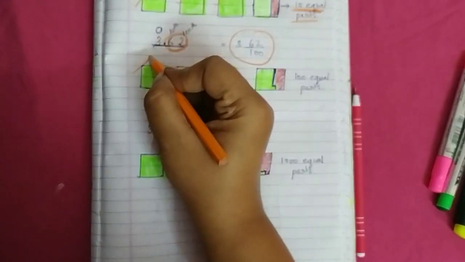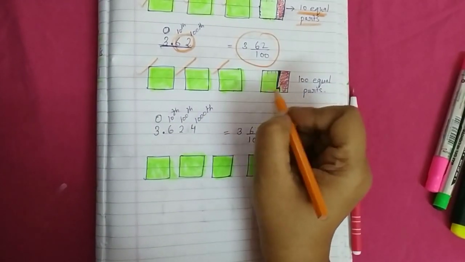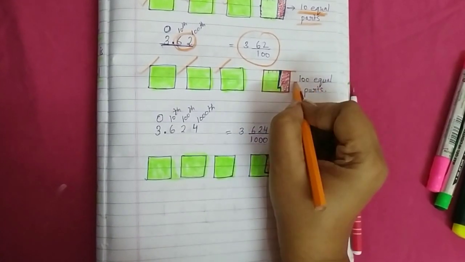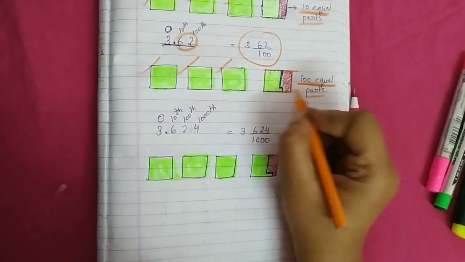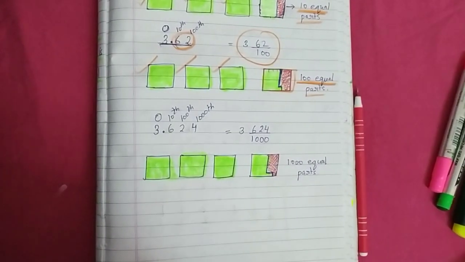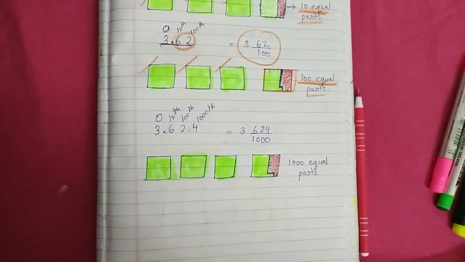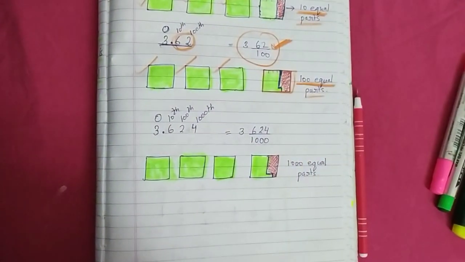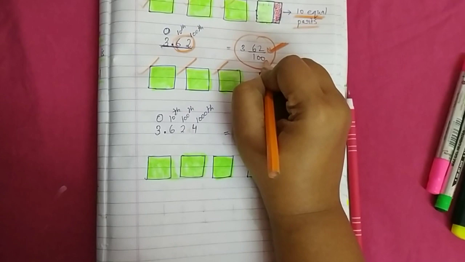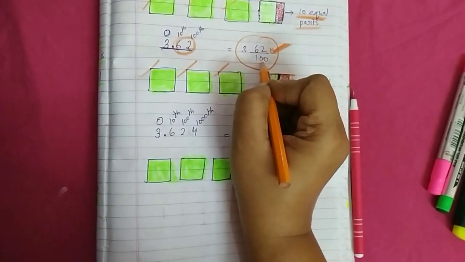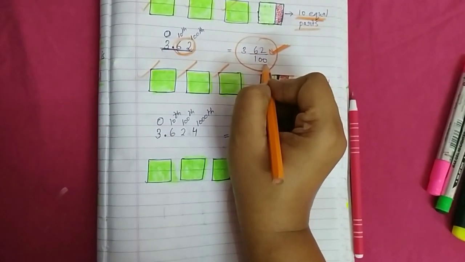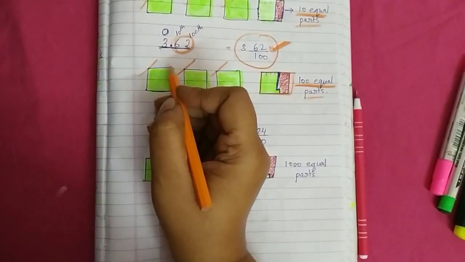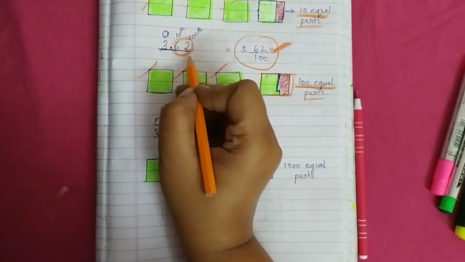Because after 3 complete boxes, the next box is divided into 100 equal parts, and from those 100 parts we have taken 62 parts. So 3 whole 62 upon 100 is what? A mixed fraction. It is the other way of writing a decimal. And when we read it in terms of decimal, we read this number as 3.62.